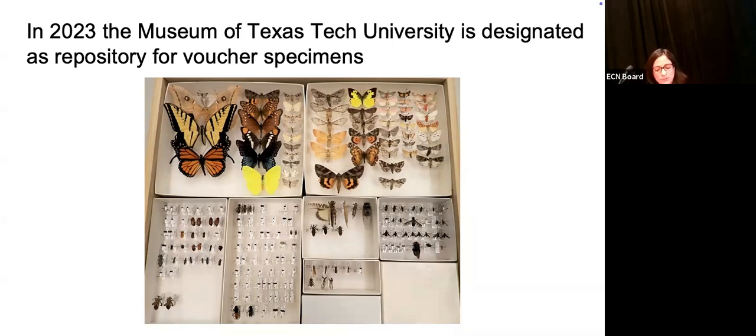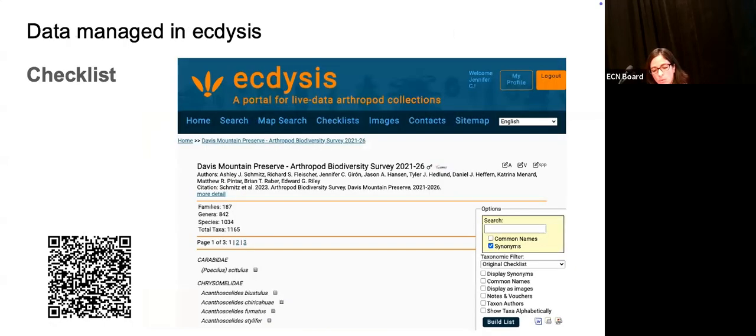So all I have to do, which still takes a lot of time, is entering the information and taking photographs of the specimens to have all this information available online. The way we do this is entering information into Ecdysis, which is the platform that we use for our data management. And we have two components in this project.